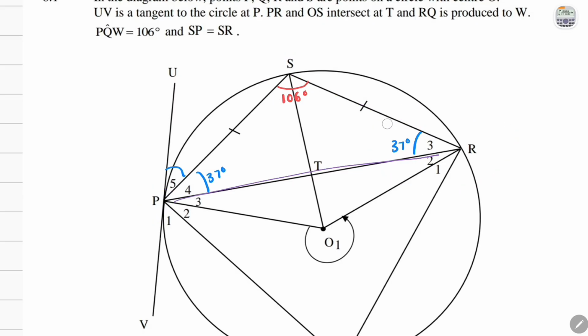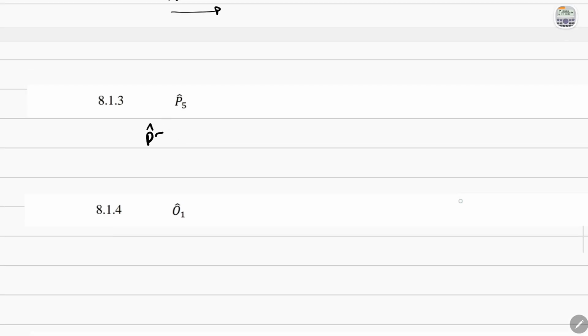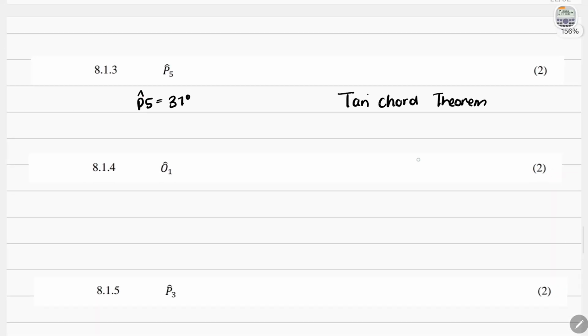So angle P5 is also equal to 37 degrees. And we can just tell them angle P5 is equal to 37 degrees, and this is because of the tan chord theorem. Okay, so that is our answer.